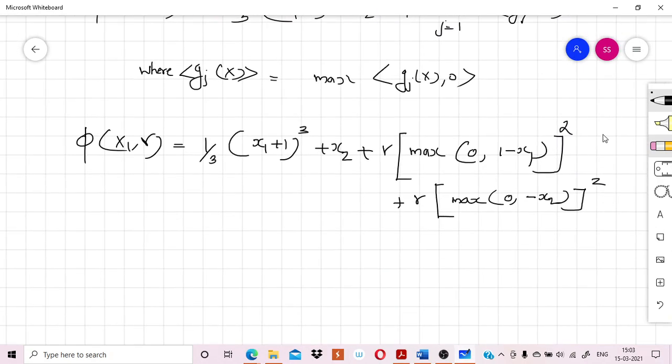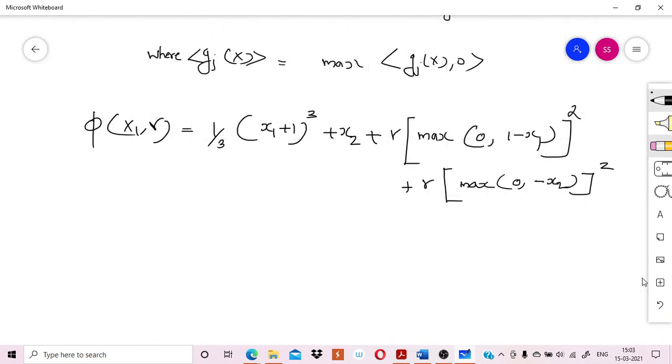And this is my phi function transformed. The second step of this algorithm is to find the vector xk star, in this case x1 star, that means the optimum solution for x1.